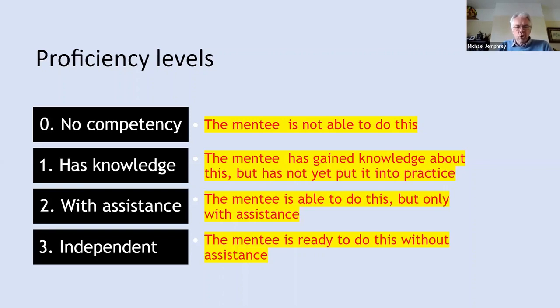Number 1 has some knowledge, but not yet put into practice. Number 2, the mentee is able to do this, but only with assistance. And then level 3, independent, although nobody is ever 100% independent. Basically, the mentee is ready to do this without too much assistance.